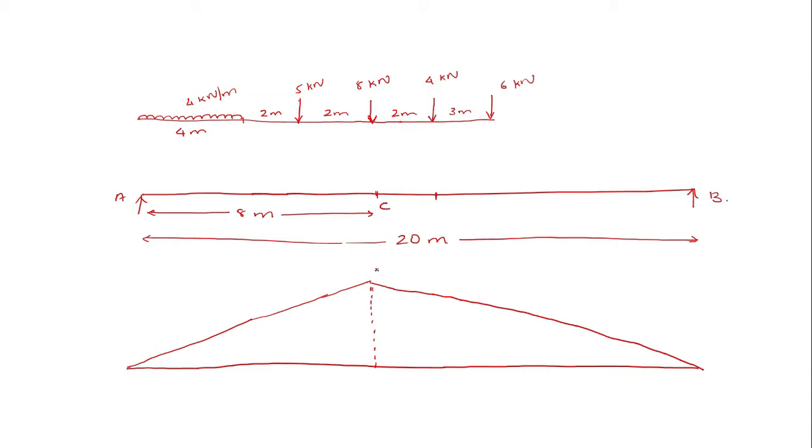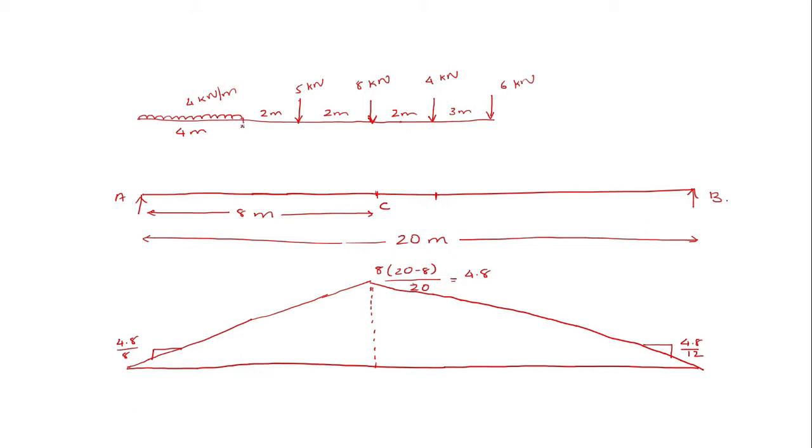So as such, this ordinate will be 8 into 12, that is 20, divided by 20, which is equal to 4.8. Now once I have this value of 4.8, I can find the slopes at both these ends, which will be helpful in finding the ordinates at different points. So this will be equal to 4.8 divided by 12, and this slope will be equal to 4.8 divided by 8.